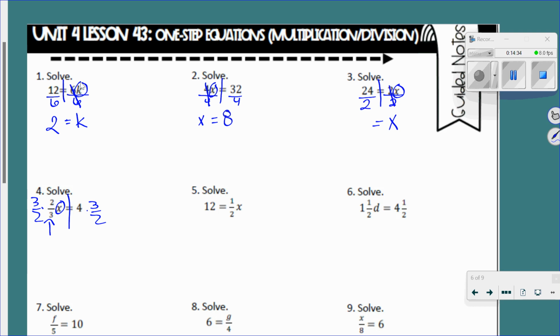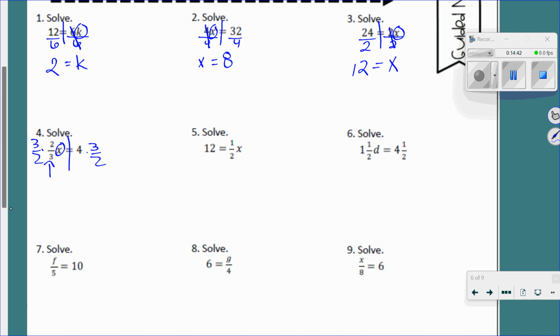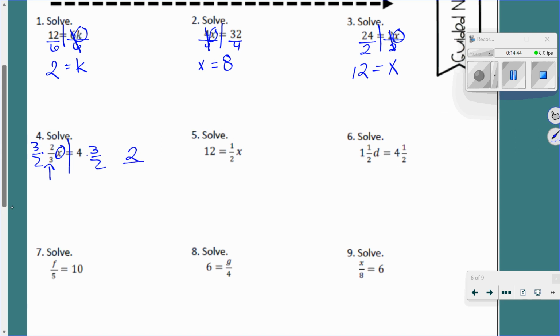All right, Mr. Moore started this one for us, but let me show you why. When we are dividing, can we divide fractions? No, we keep, change, flip. Yes? That is why we are multiplying both sides by 3 halves, because we are multiplying by the reciprocal from the division.